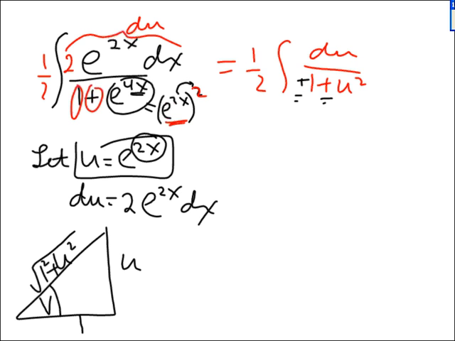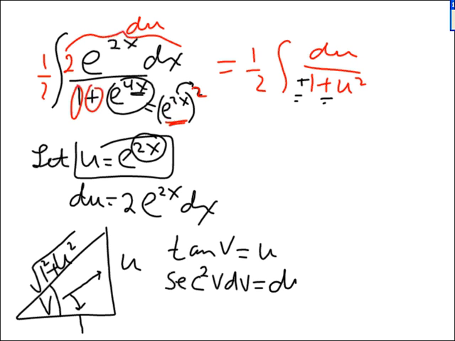Okay, so this tells me that the tangent of v is u over 1, which is u. Differential: the secant squared of v dv is equal to 1 du. So we have 1/2. Instead of du, I write secant squared v dv.